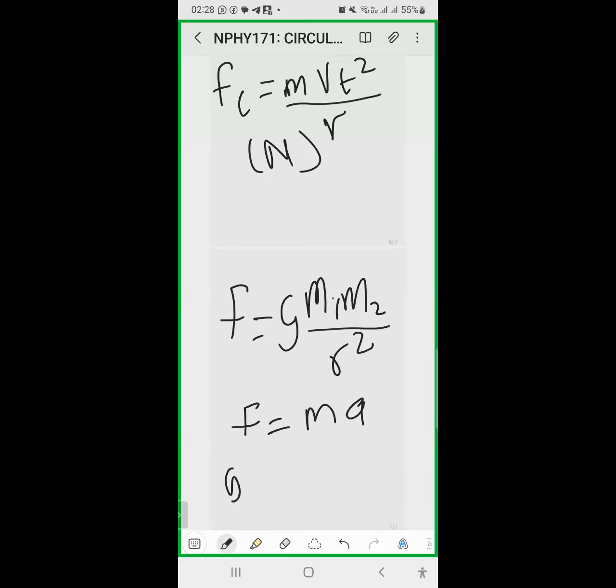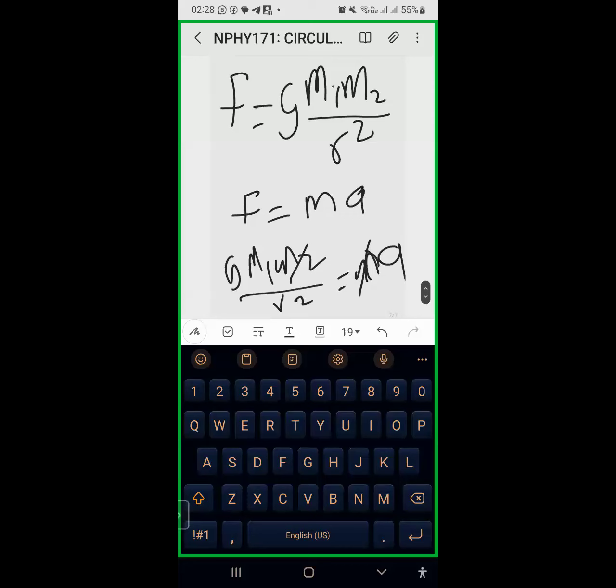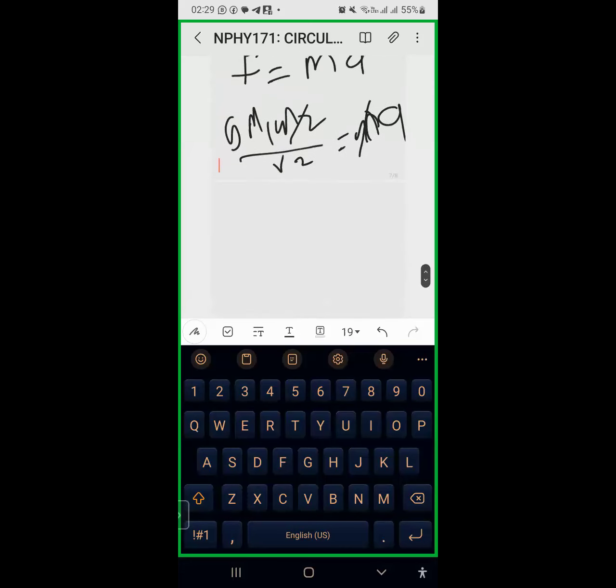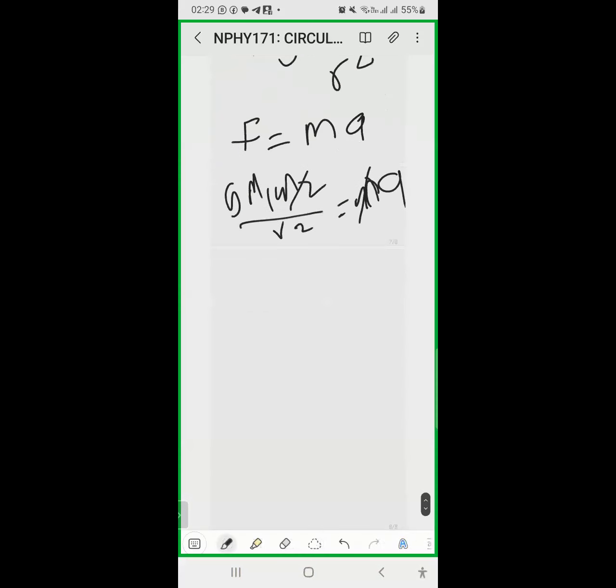Therefore, you have G m1 m2 divided by r squared equals ma, and one mass will cancel the other. Then we have a equal to G m1, which is the mass of the Earth, over r squared.